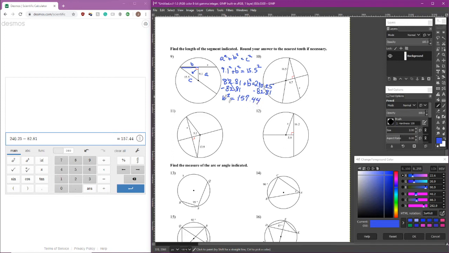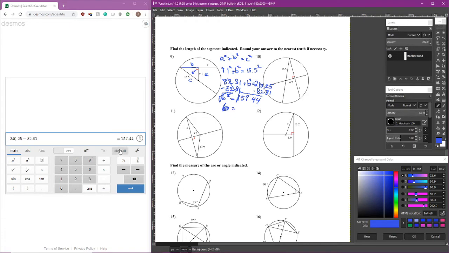The way we get rid of a square is by taking the square root. So we come on over to the calculator. Sorry, I meant to write a B, not a 10.